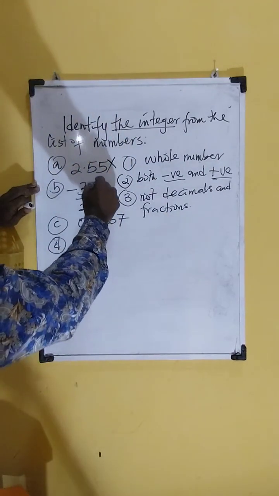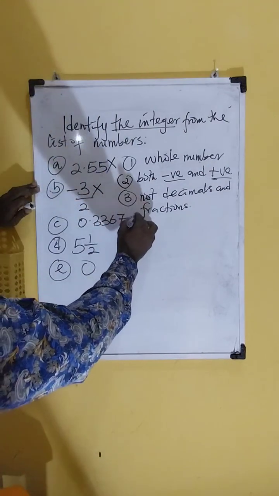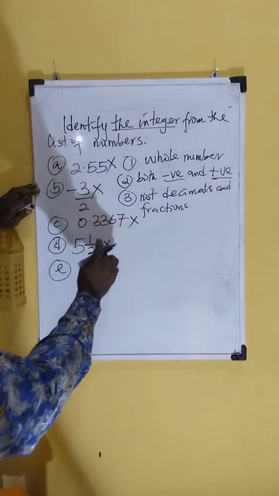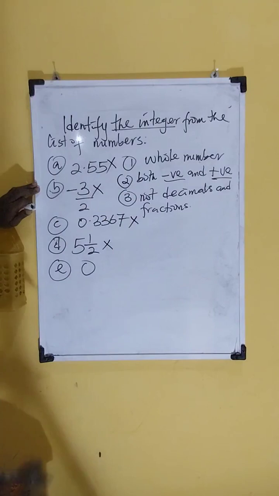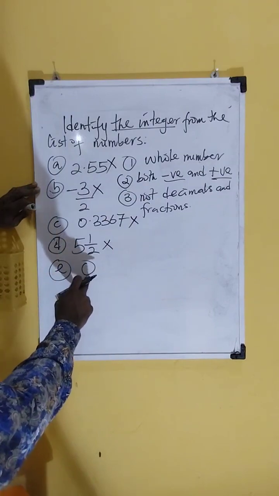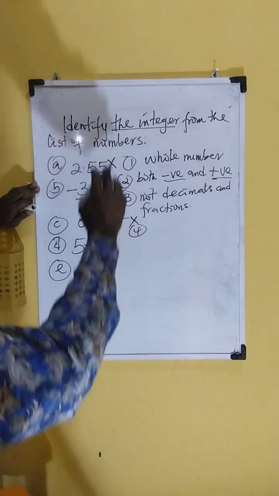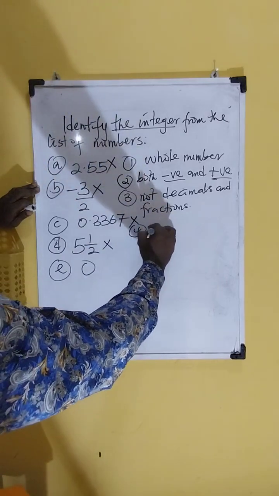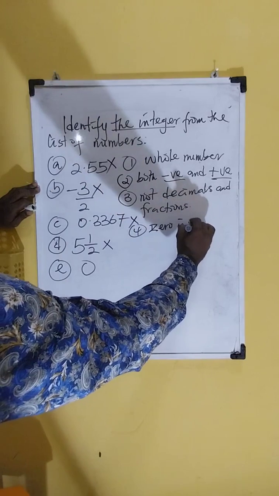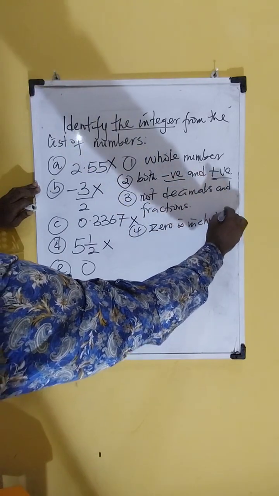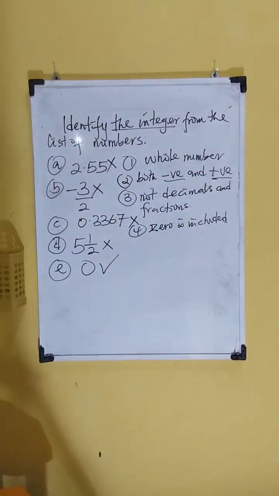This is a fraction, so it is out. This is another decimal, so it is out. This is a fraction, even if it is an improper fraction, so it's out. So this one now is a whole number. Remember point number 4 is out. So 0 is included. So this is now your answer.